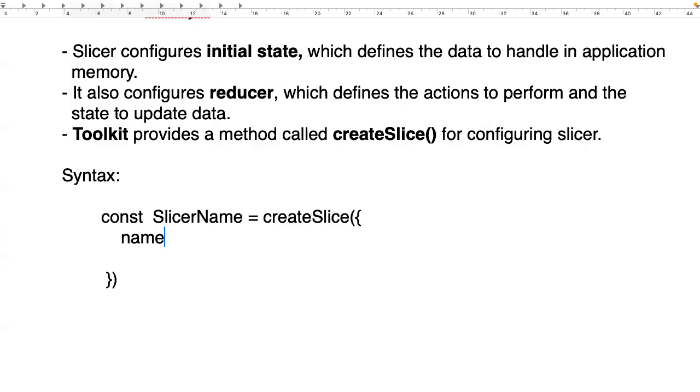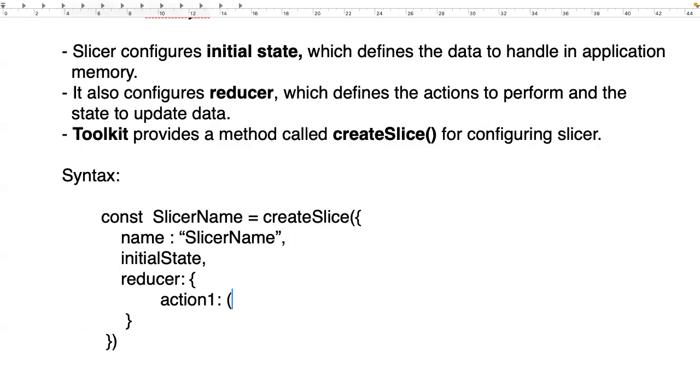It contains name, which is the slice name, it contains initial state, and it contains reducers. Reducers comprise actions. It can contain action 1, which takes both state and action.